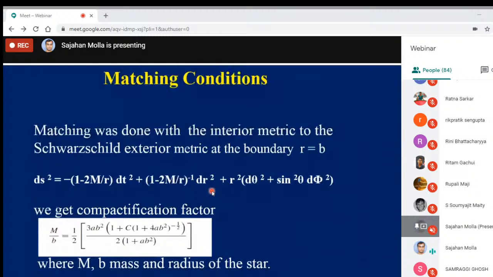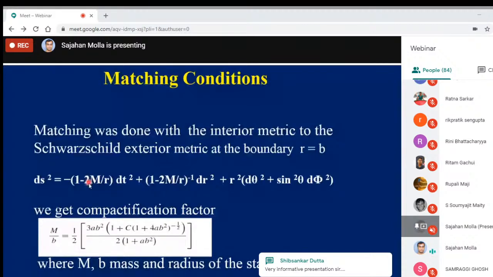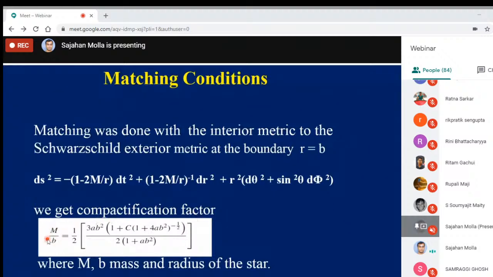At the boundary, that means R equal to the radius, we match our metric to the external Schwarzschild exterior metric. When our metric is compared, from the coefficients of dt square and dr square, we get the compactness factor of the pulsar in this form, where m is the mass and the radius is that of the pulsar.